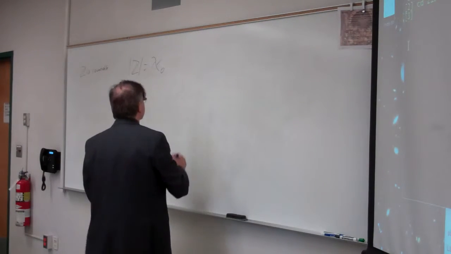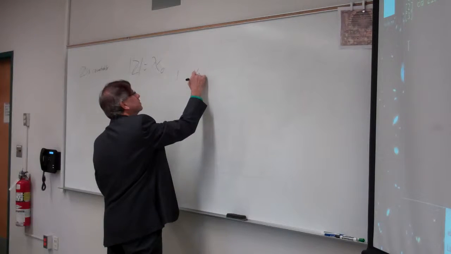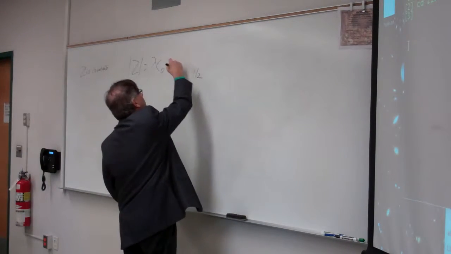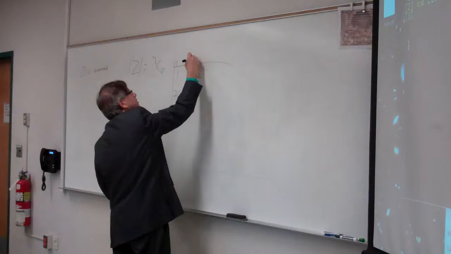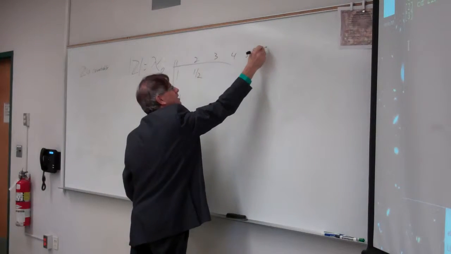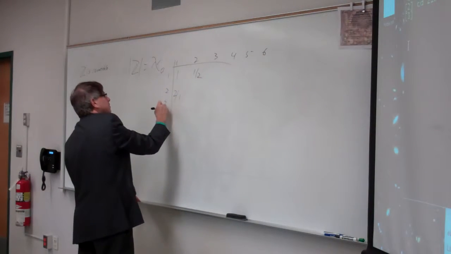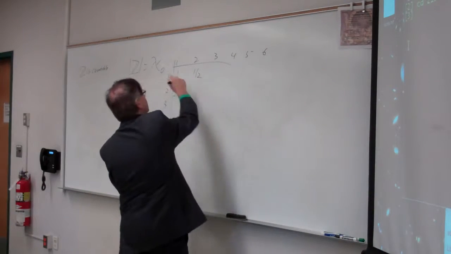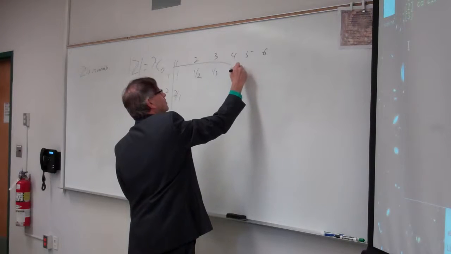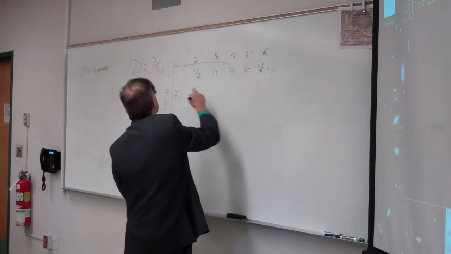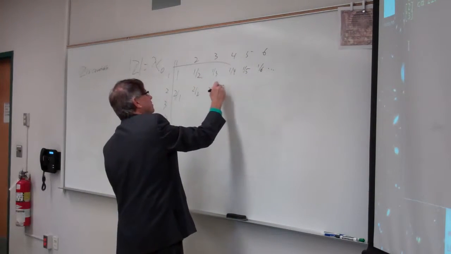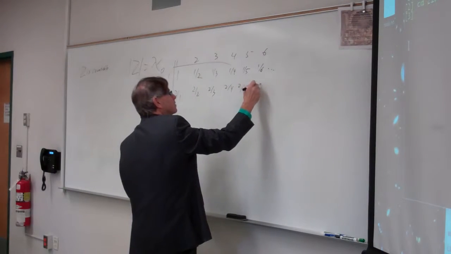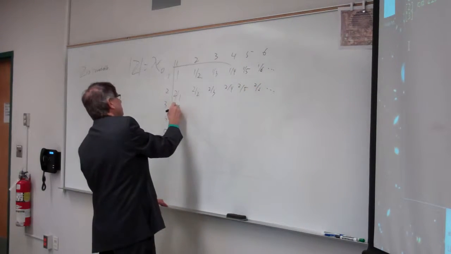So the rationals, we did this trick where you can write down integers on each axis. And then you can take ratios, 1/3, 1/4, 1/5, 1/6, 2/2, 2/3, 2/4, 2/5, and so on.